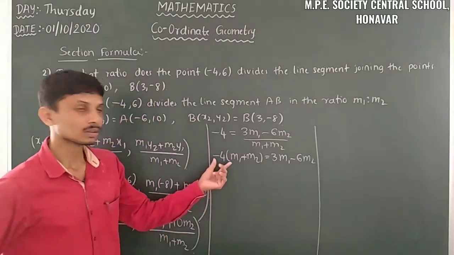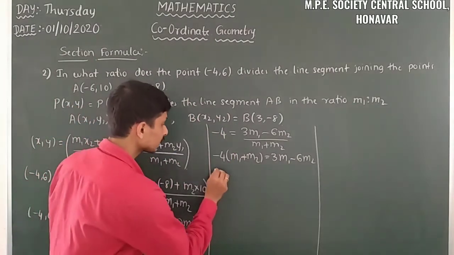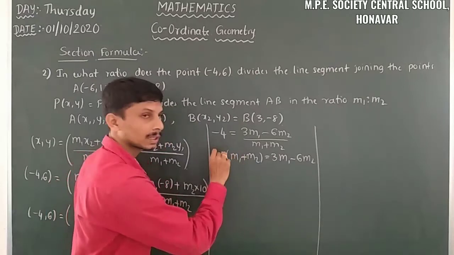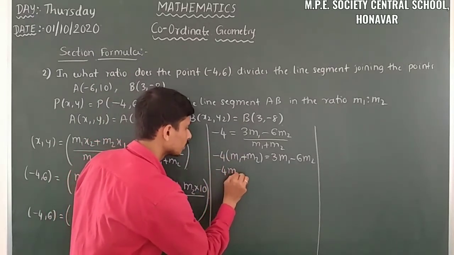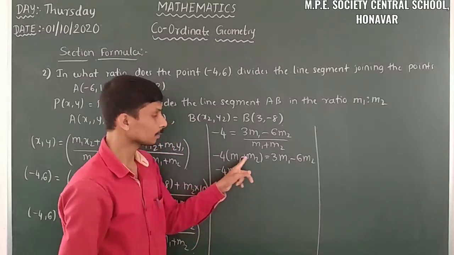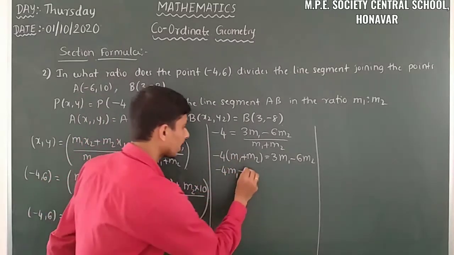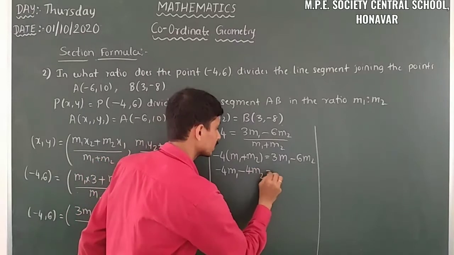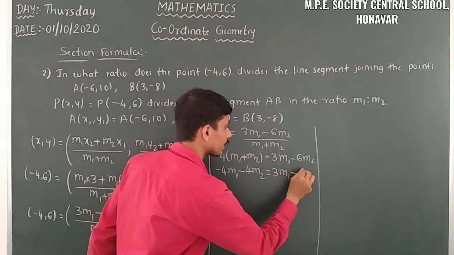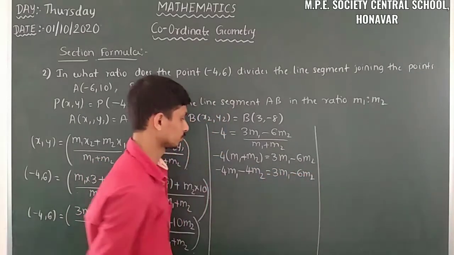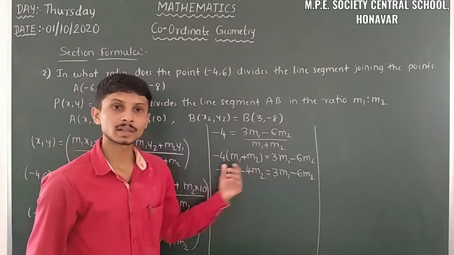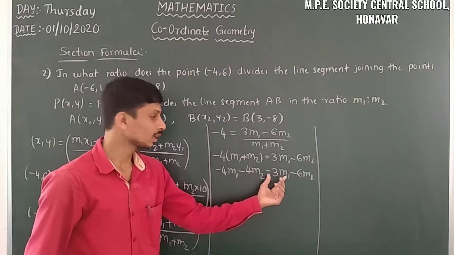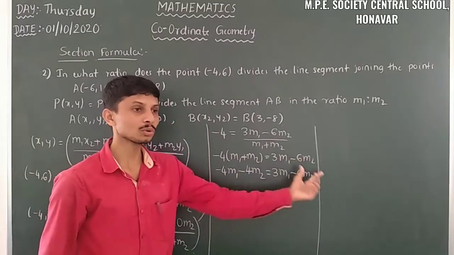Then we can simplify. I will multiply minus 4 to m1 plus m2, so minus 4m1 minus 4m2 is equal to 3m1 minus 6m2. Then I will transpose, m1 on this side, m2 on this side.